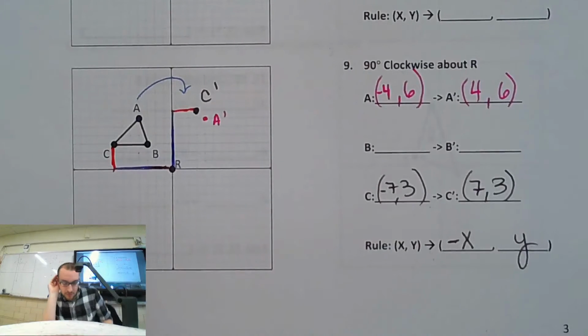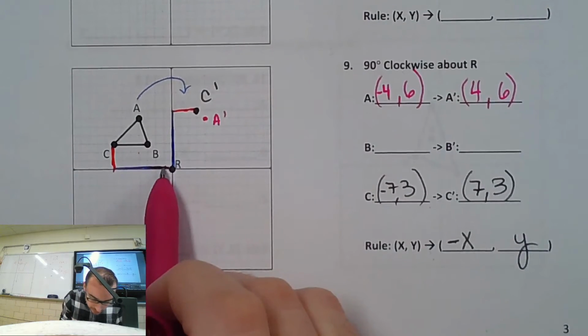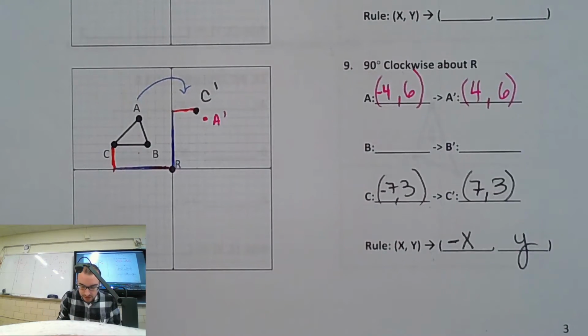Did I goof something? What did I goof? That's what I got. It's over 6, up 4. Oh, I goofed it. Right, over 6, up 4. So yeah. Sorry, I was going to trick you guys and then come back to it, and I forgot to come back to it. Okay. Sorry, first hour. You were my guinea pigs.